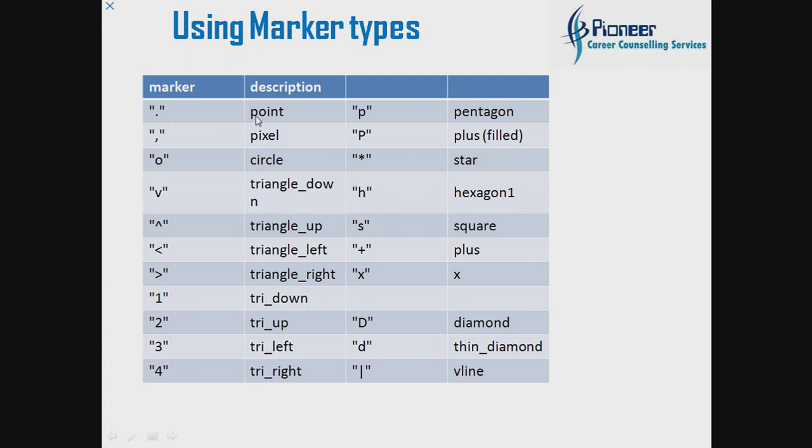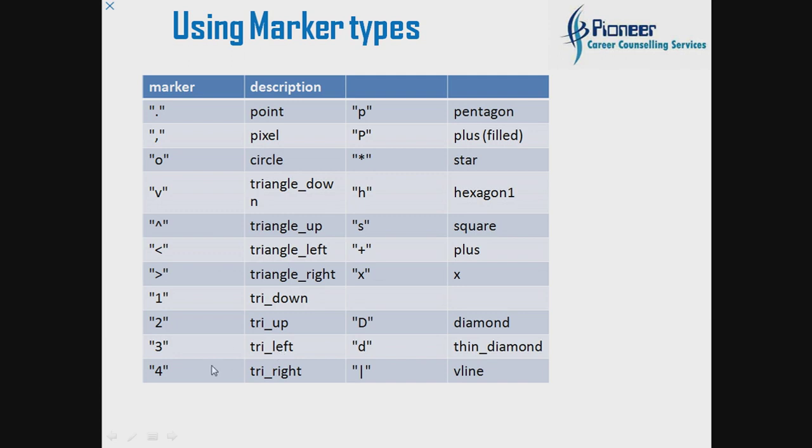Even triangles you can go for. If you type 1, it is triangle down, 2 triangle up, 3 triangle left, and 4 triangle right. You can use these symbols also. Capital D is for diamond shape and small d for thin diamond. So these are the values for our marker type arguments.